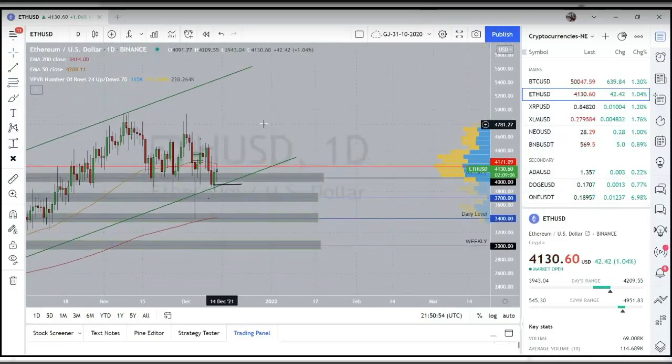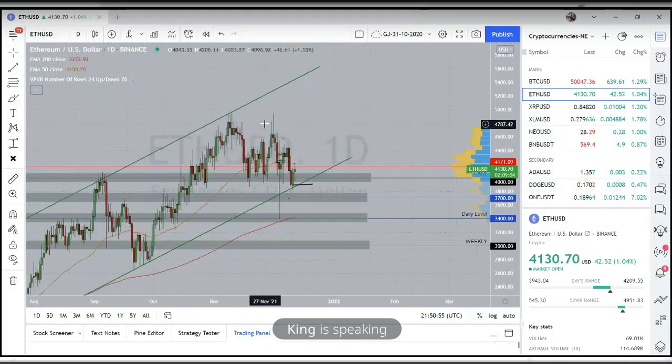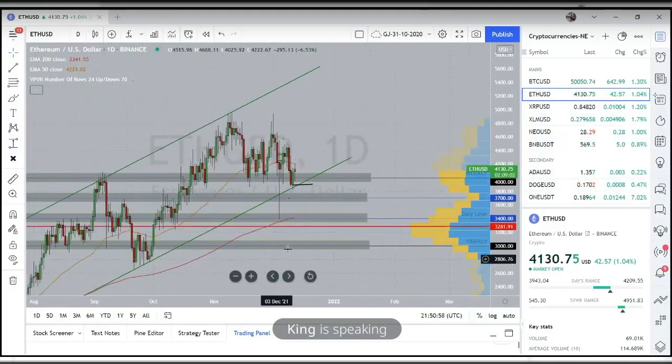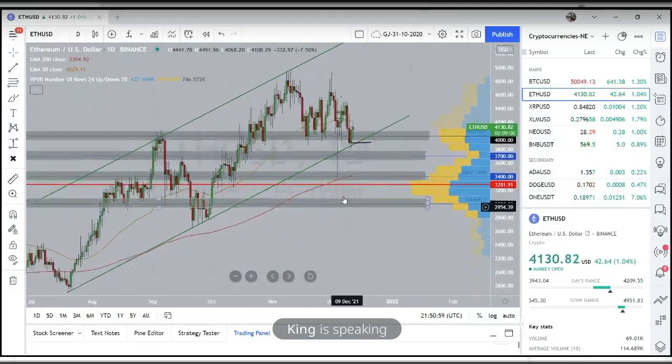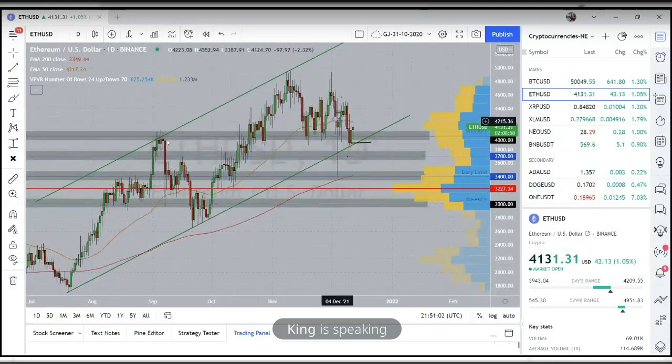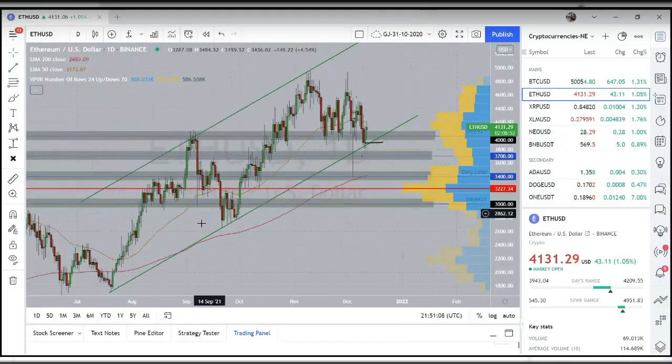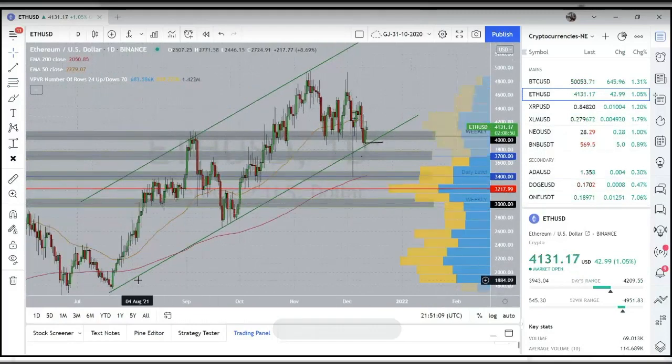Yeah, so ETH is just nicely playing this channel. Obviously, we got the break below, holding this support level, and this nice trend from like the 1800s.